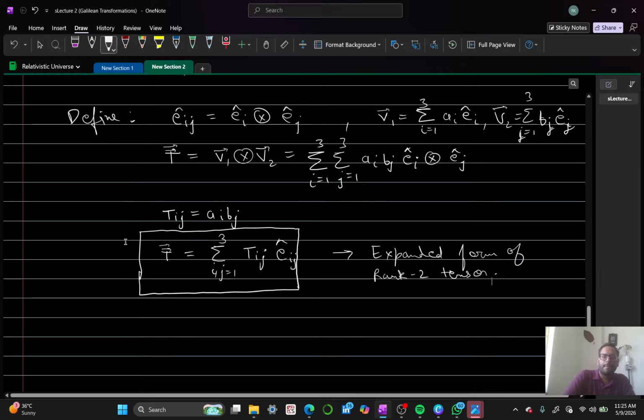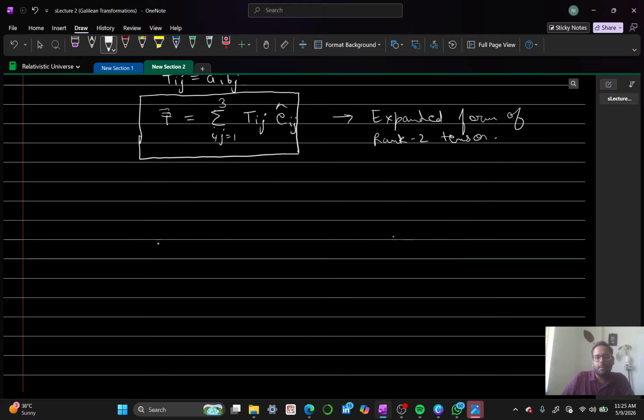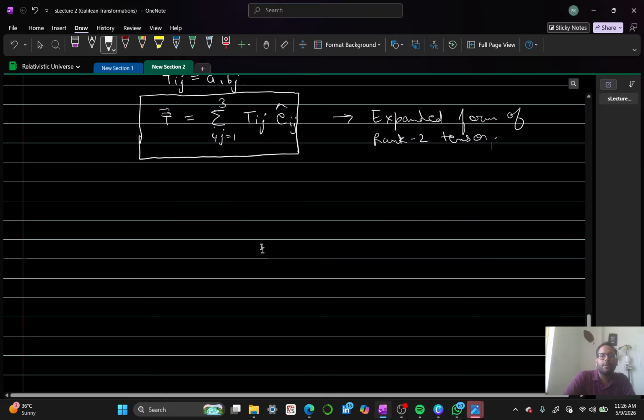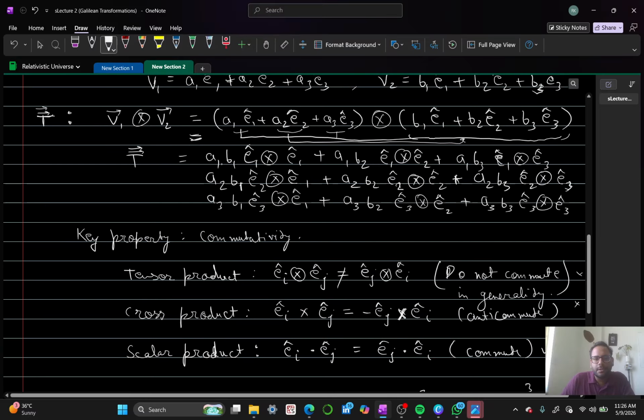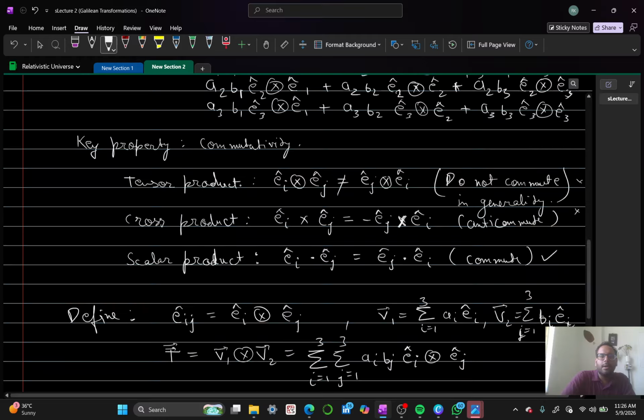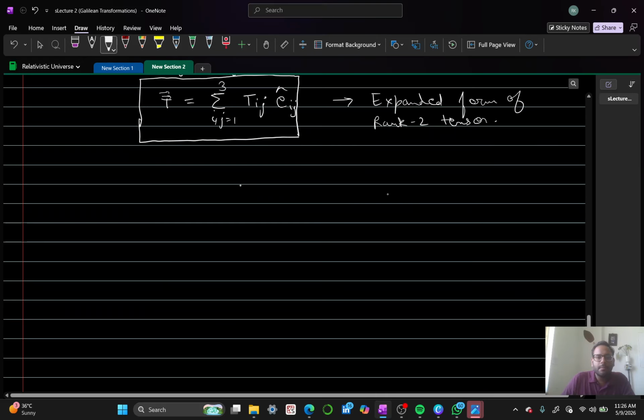You will also notice when you expand this, you will find T11 here, T12, T13 and all, and you can make a matrix out of it.